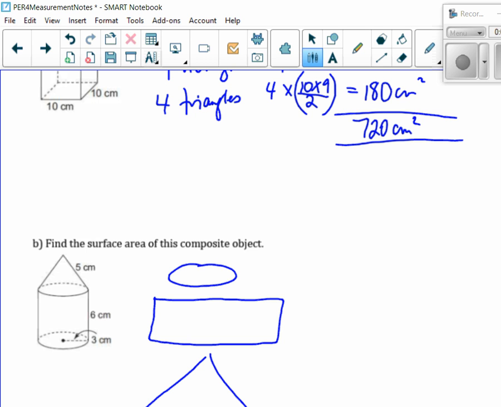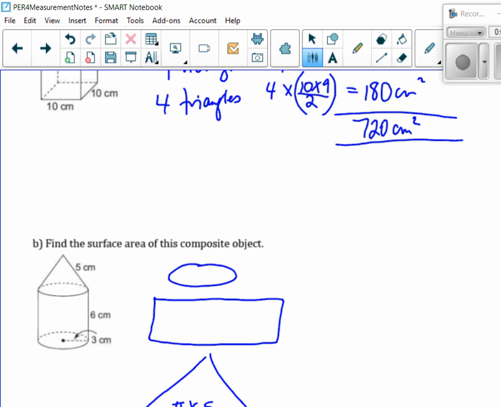Okay. So now if you look at the formula sheet for cone, does everybody see the formula for a cone is pi r squared plus pi rs? Does everybody understand that the pi r squared, that's that circle that we don't need? But this one is pi rs. Yes? Does that make sense from the formula?